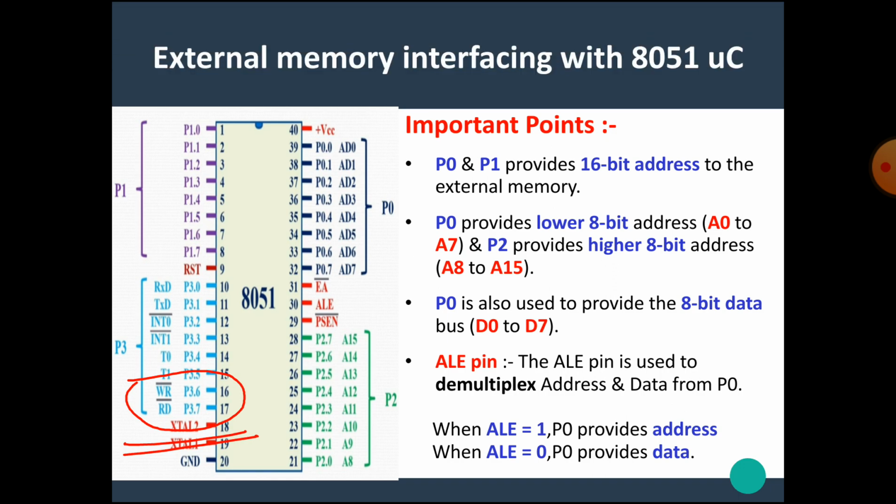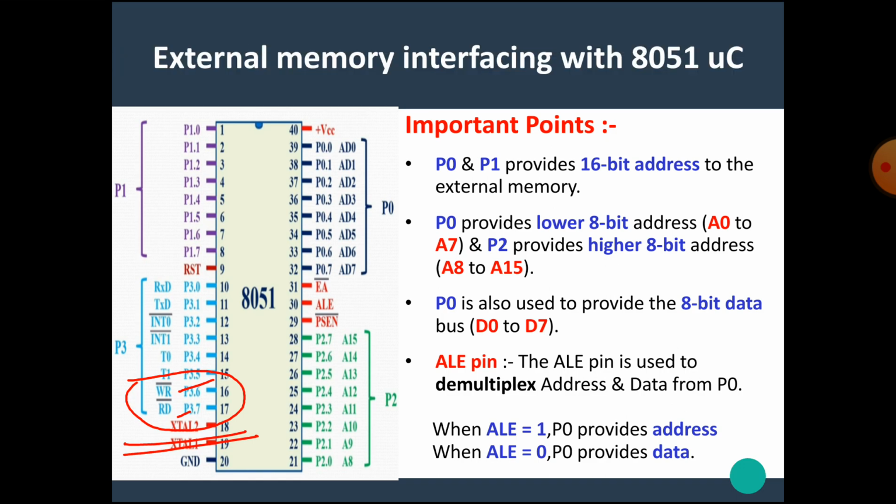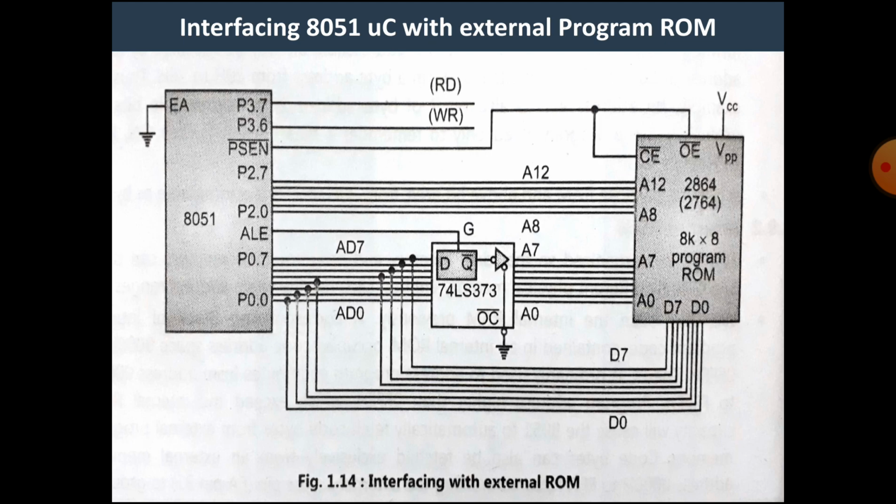If we want to store data into external memory, then we use this WR bar pin, and if we want to take data from the external memory, then we use this RD bar pin. Now let's start the interfacing.